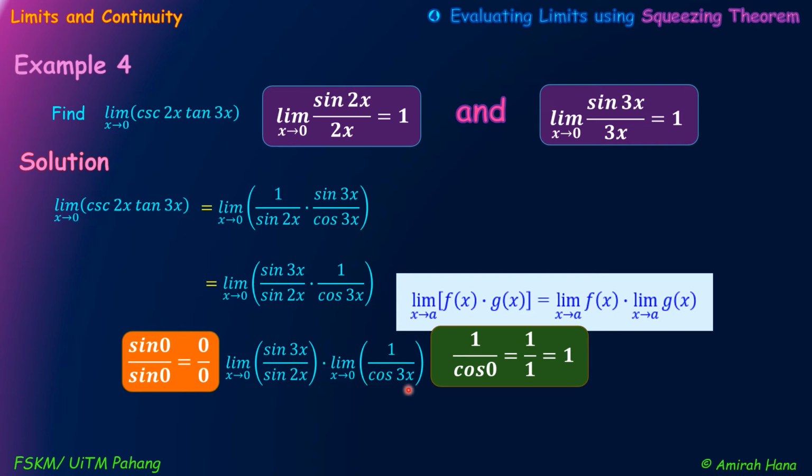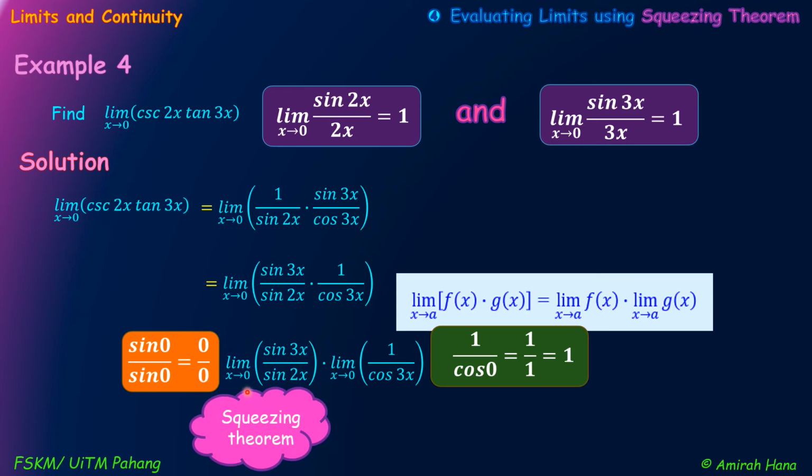If we use direct substitution, we plug in 0 into variable x here, so we get 1 over cos 0. And using a calculator, cos 0 equals 1. So we have 1 over 1, which is equal to 1. This value is accepted because this is a real number, but this is an indeterminate form.